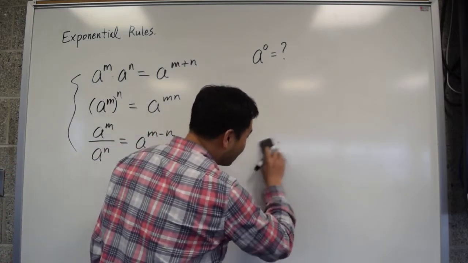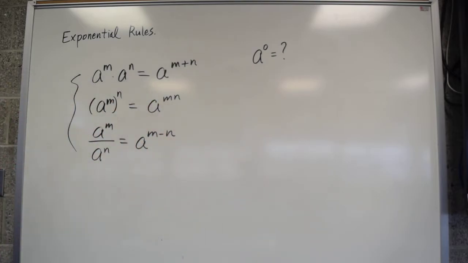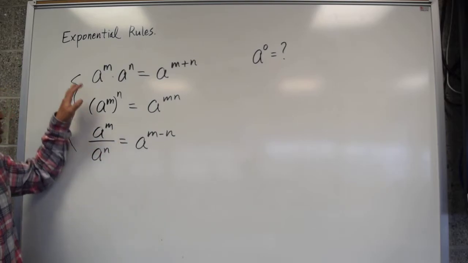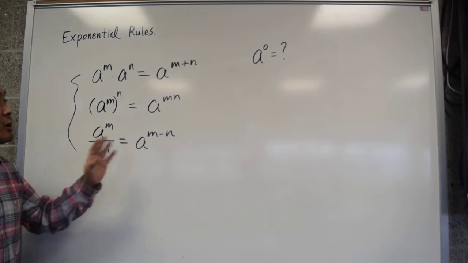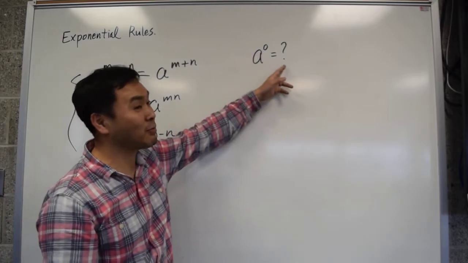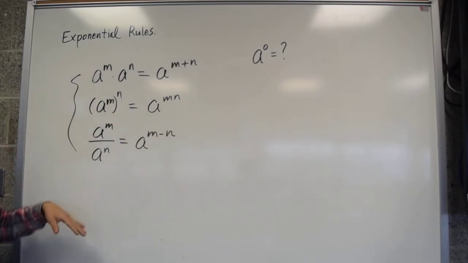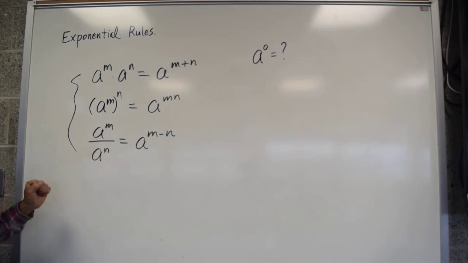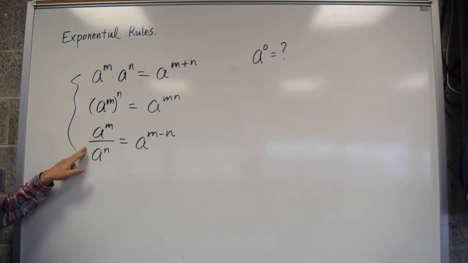However, let's say you really wanted to define a to the 0th power. Then you want to make it such that it still satisfies these definitions. Agreed? I mean, you don't want a new definition for a to the 0 and suddenly for that new definition these don't work anymore, because these are nice to have. So the way we are going to define a to 0 is to see if there's any way to get 0 from here.